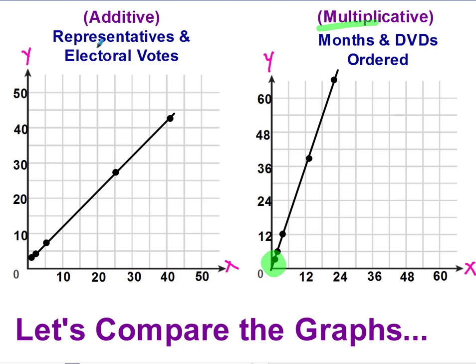Versus an additive relationship will not. So if you look at the graph and you see that it starts at 0 or it goes through 0, it's automatically a multiplicative relationship. And if it doesn't, then it's an additive relationship. That's the main point that I want you to take from these two graphs and us comparing them.